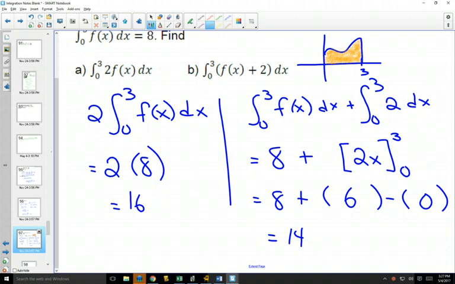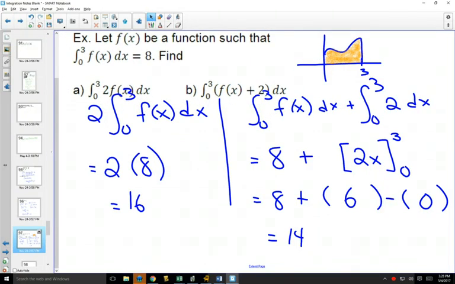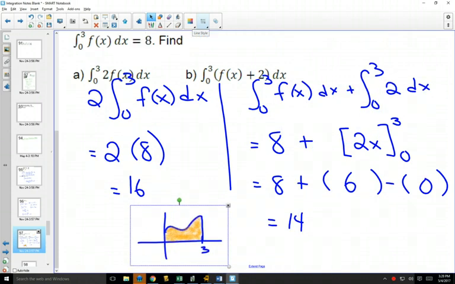You have that. Now, if you moved it up 2, what would that do to that shape? I'm going to move that shape down here so we can play with it a little bit more.